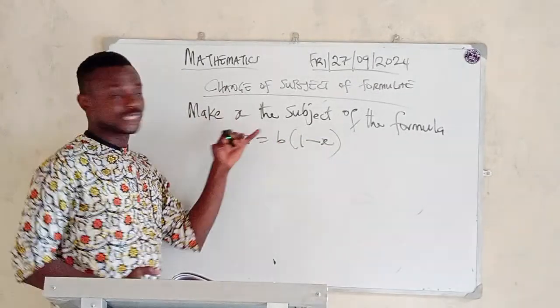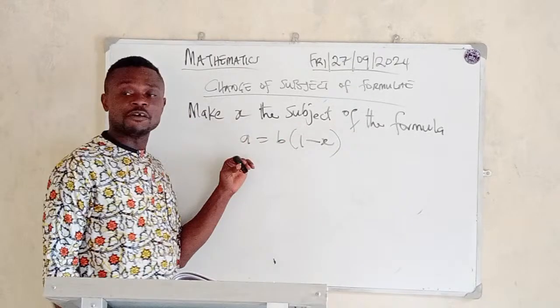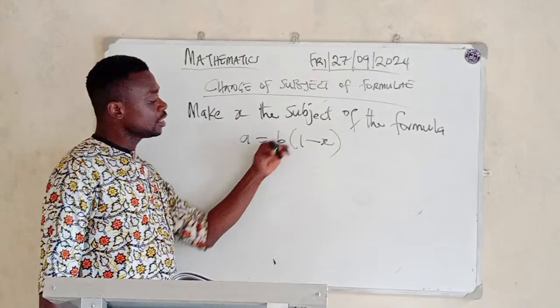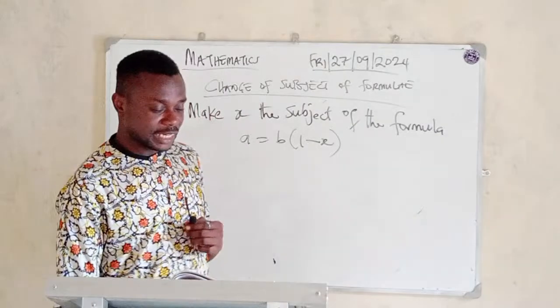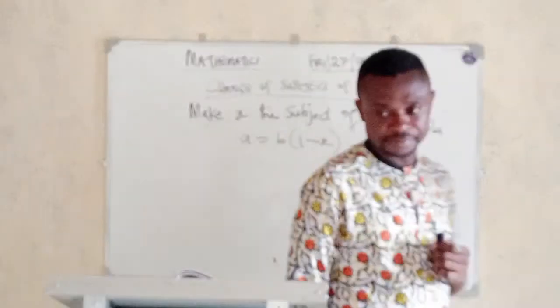Make x the subject of the formula. Here the formula: A is equal to b in bracket 1 minus x. Make x the subject of the formula.